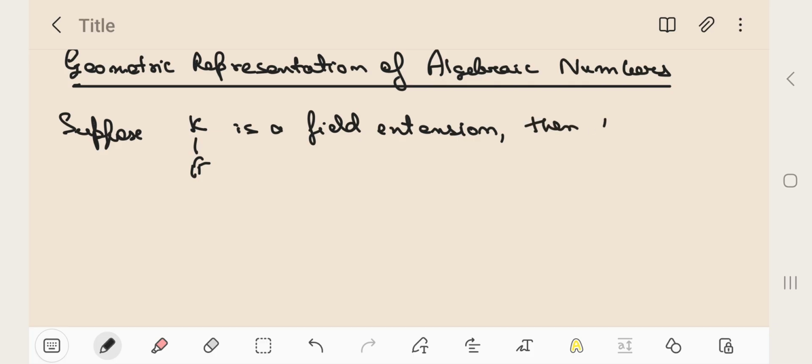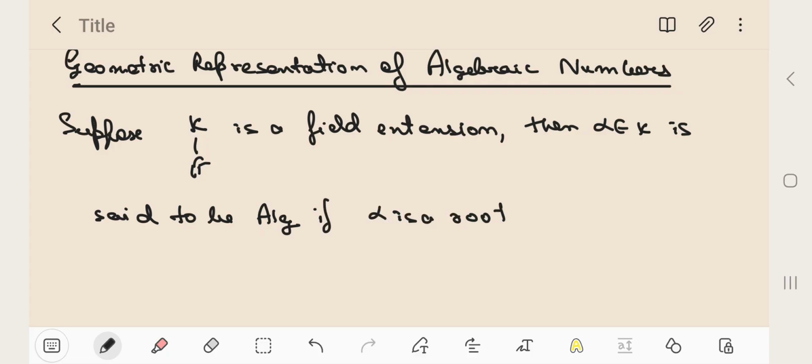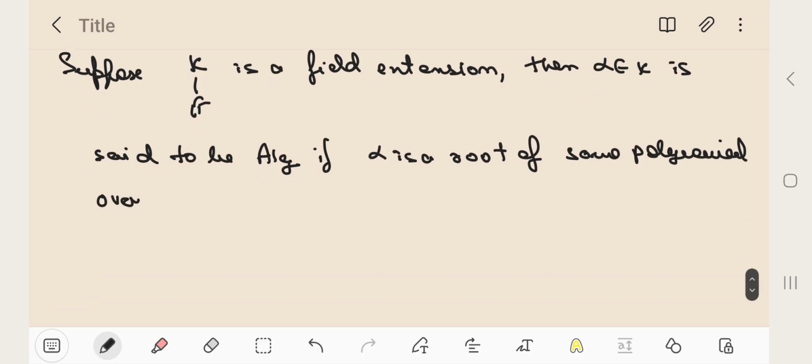Then an element alpha in K is said to be algebraic if alpha is a root of some polynomial over F. Okay.